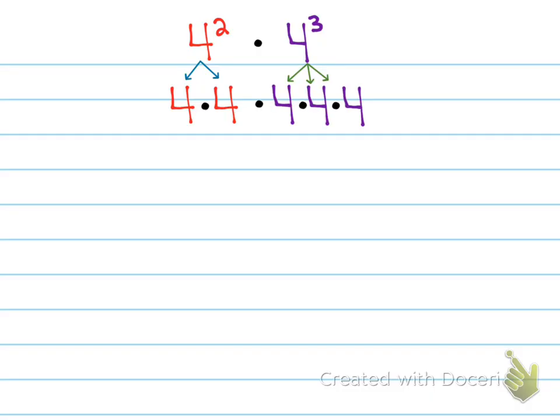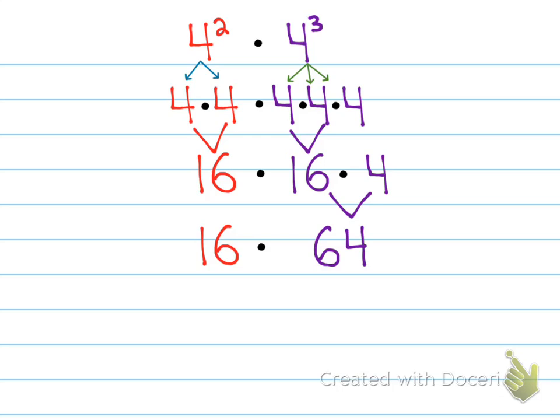And then we're going to break this multiplication up to make it easier for ourselves. So I'm going to do 4 times 4 is 16. Then I'm going to take the 4 times 4 over here and make 16. And now I still have this other 4 that needs to be multiplied. So let's go ahead and knock out this 16 times 4 is 64. And remember, because I'm only multiplying, I could multiply in any order that I want.